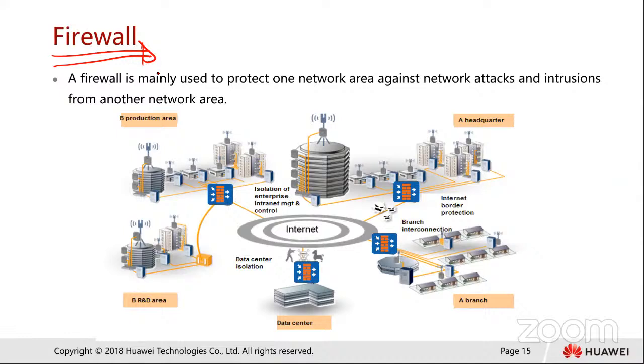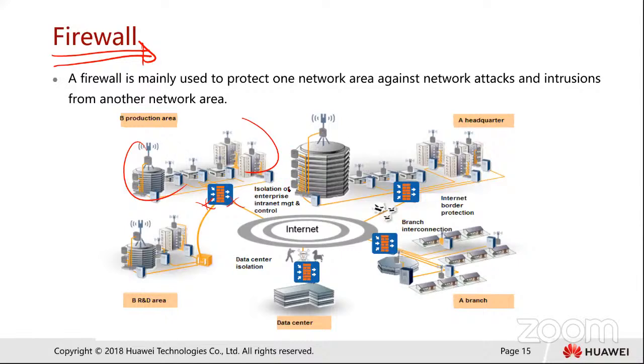You get your network area, and you protect it against attacks from other network areas. Because of its isolation and defense capabilities, it can be flexibly applied to network borders and subnet divisions and isolations, for you to achieve better protection and isolation.